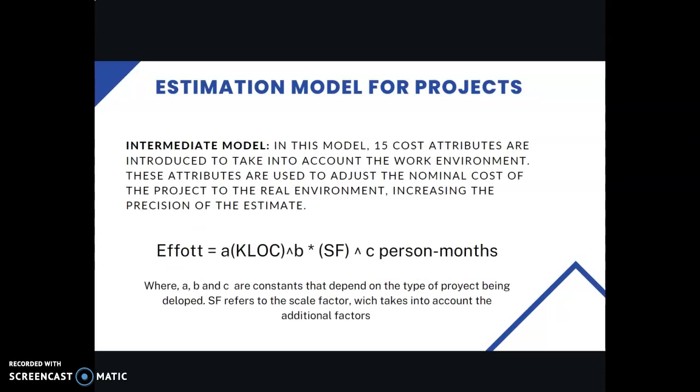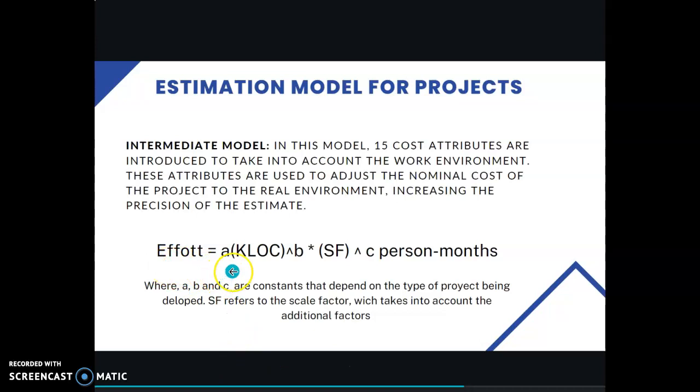Intermediate model. In this model, 15 cost attributes are introduced to take into account the work environment. These attributes are used to adjust the nominal cost of the project to the real environment, increasing the precision of the estimate. And the formula is what we can see below.